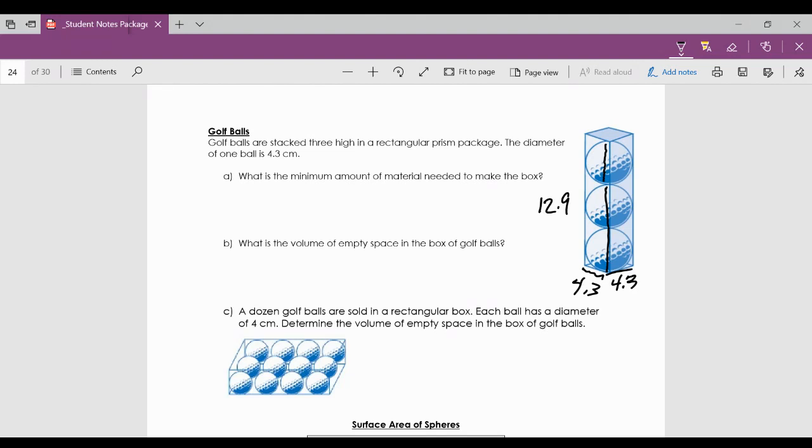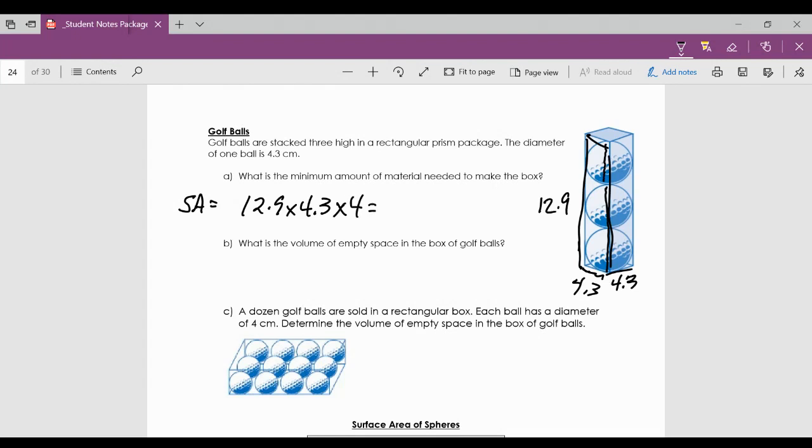So if we're going to find the volume, actually in this case we're finding the surface area of the box. So surface area, we need the area of this side here. Okay, and that's 12.9 by 4.3. But notice that that is the same for all 4 of the sides. So I'm just going to multiply that by 4.